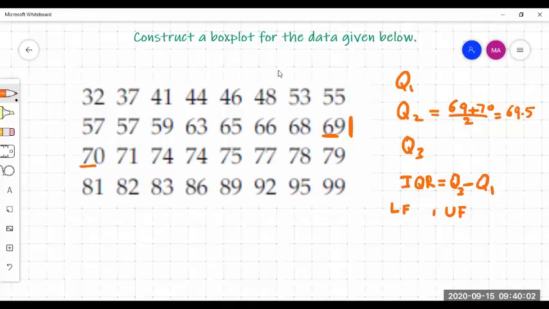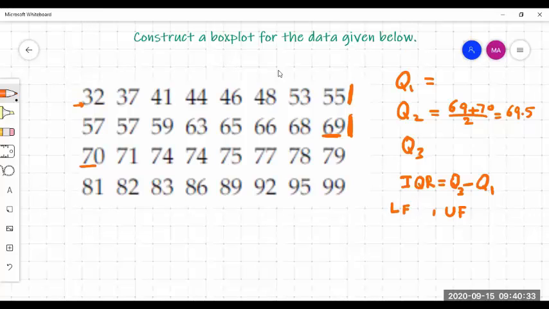And Q1 now. Q1 is the middle of the first half, right? So before this line, the middle of the first half. The first half is these two lines, the first and second line, starting with 32 here and ending at 69. So this is our first half, and again there are 16 values. So the middle would be after the first 8 values, after 55.